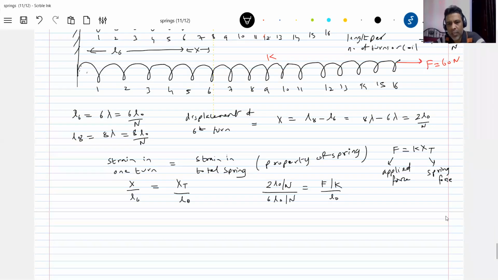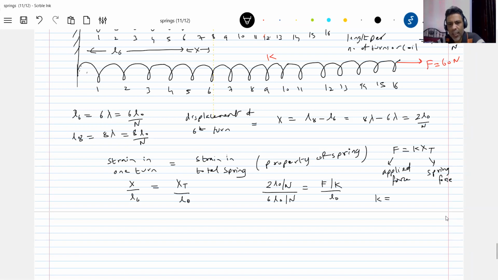So we wanted an expression for k, no? Anybody, the value of k will be 3, sir. k equal to how much? "3, sir." What is 3? No, 60 Newton.